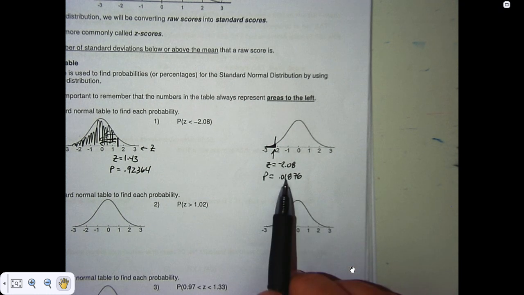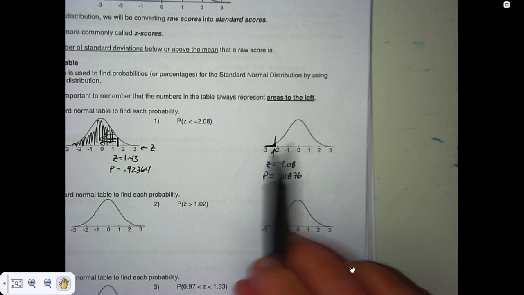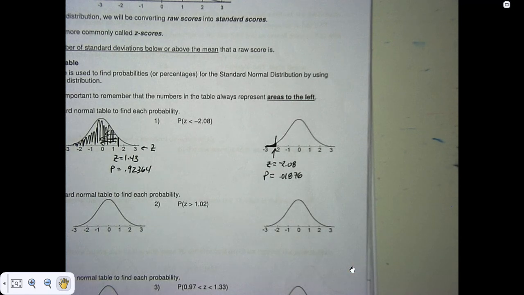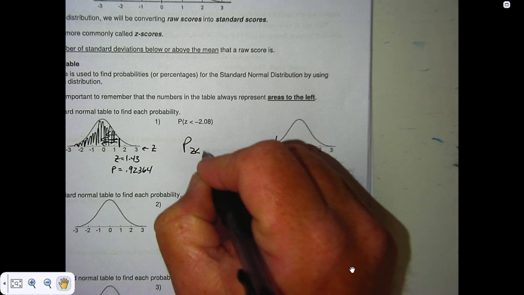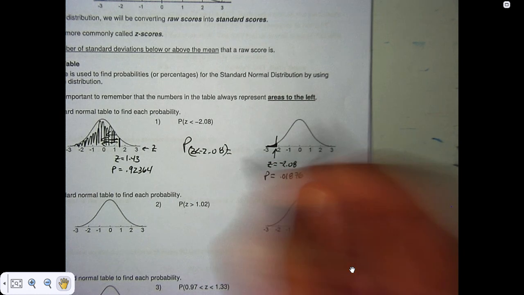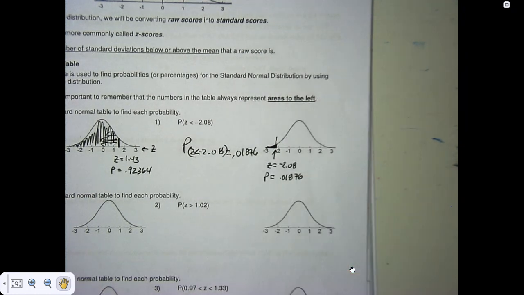And that's right, 1.8% is actually closer to 2%. 2% of the area underneath that curve is to the left of that point. So again, the probability that my z-score is less than negative 2.08 is 0.01876.